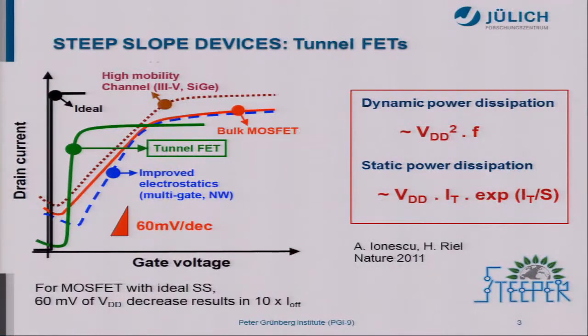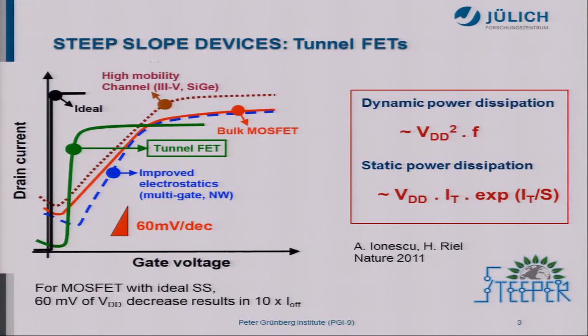As you know, the conventional MOSFET has a physical limitation. Its subthreshold swing has a minimum value of 60 millivolts per decade at room temperature. This is why we cannot reduce the VDD to a very small value. If, for example, in the ideal case we have this number, and we reduce the VDD by 60 millivolts, then we have to increase the off current by 1 order of magnitude.